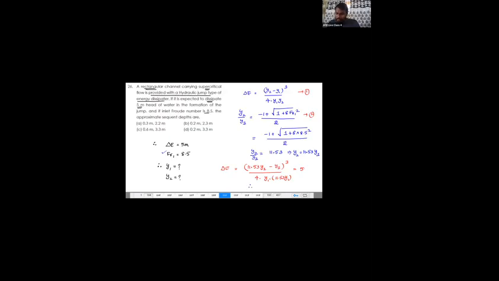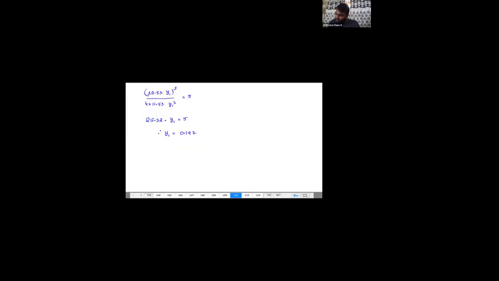The Y1 is 0.197. What is the Y1 here? 0.197. The nearest value is 0.2 meters. So the nearest value for 0.197 is 0.2. And once you know that Y1, then what is Y2? Y2 is nothing but 11.53 into Y1, 0.197.